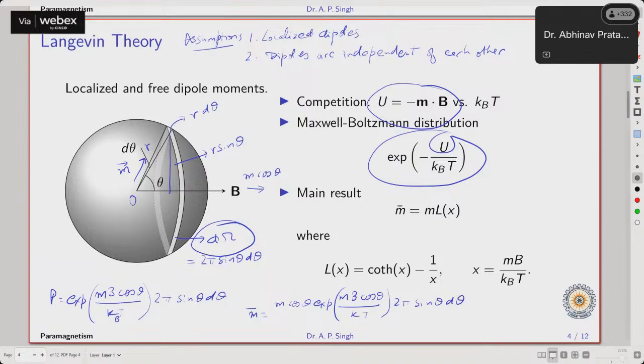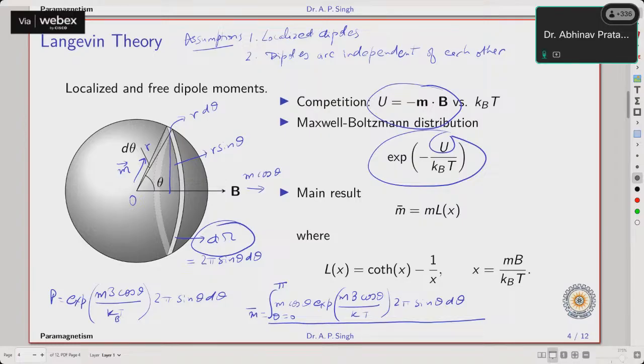Okay. And I will divide with something else that I will show you later on. But now I will integrate from theta equals 0 to theta equals pi. So this will give me the component which is along the magnetic field B.